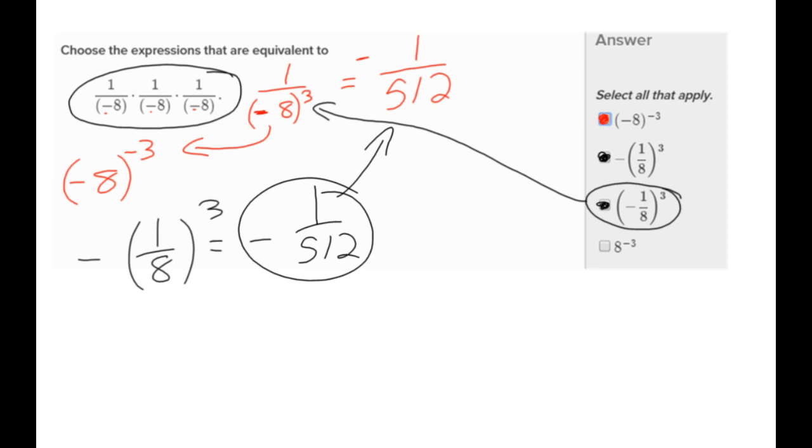And then the last one, 8 to the negative 3rd. 8 to the negative 3rd is equal to 1 over 8 to the 3rd. That is not the same as what I have above. It would give me a final answer of a positive 1 over 512. So that one is not part of our solution. Moving on. Next one. That is it. Good luck.